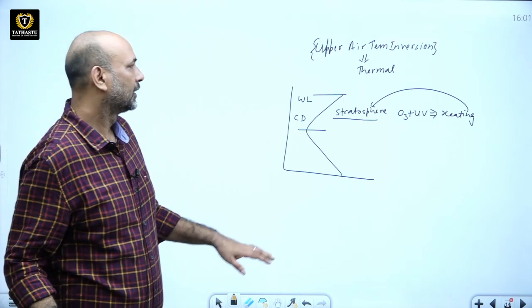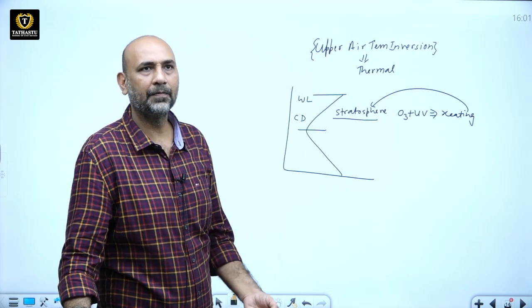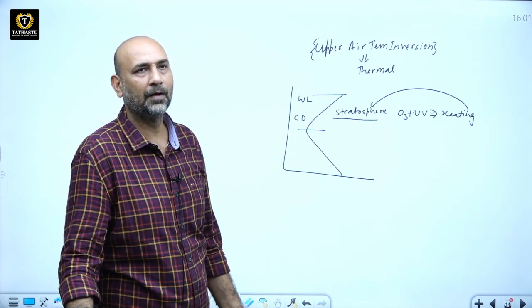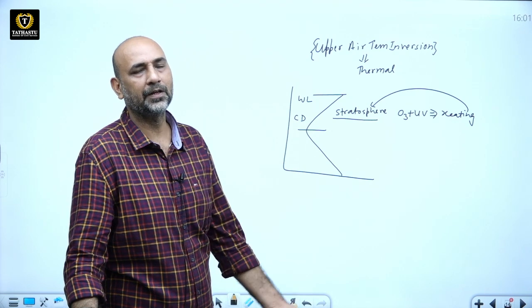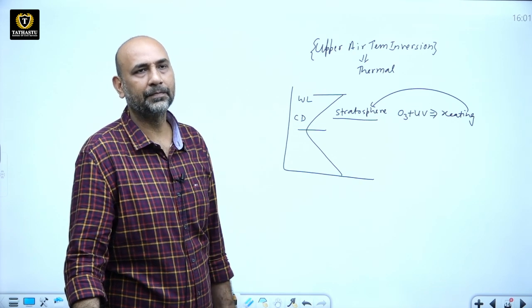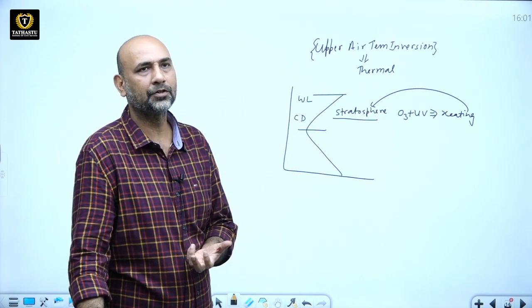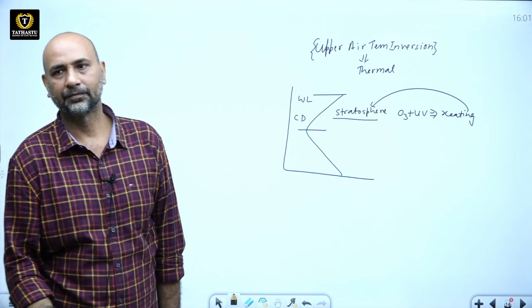Otherwise, had the stratosphere been convective in nature, there would have been flow of water vapor, flow of dust, suspended particulates, and the ozone layer would have been destroyed. So, this upper air thermal temperature inversion which prevails in the stratosphere helps in the protection of the stratosphere.